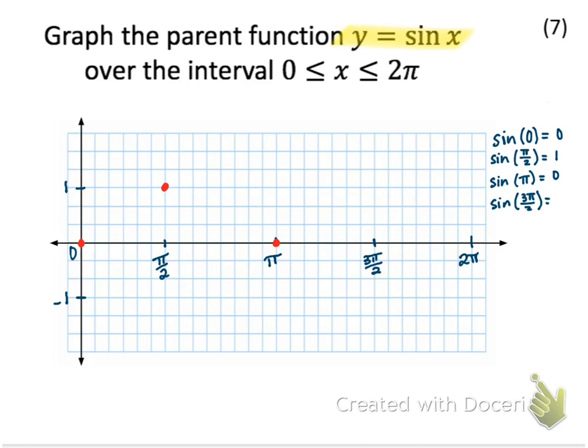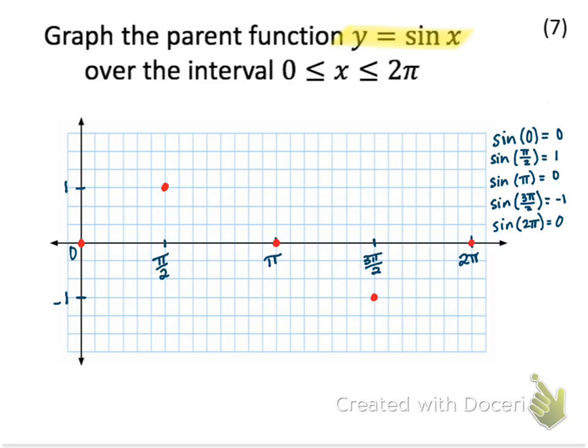The y coordinate point is negative 1, so sine of 3 pi over 2 is equal to negative 1. So we can plot the point 3 pi over 2, negative 1. And then finally we can evaluate sine at 2 pi, which once again, like 0, is going to be equal to 0.